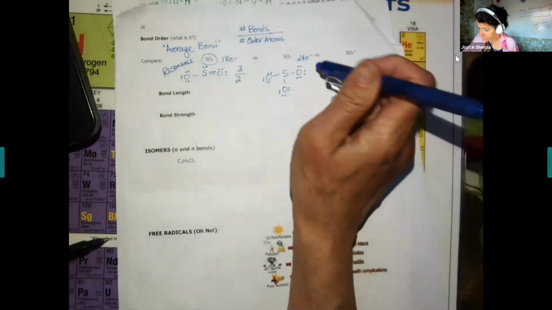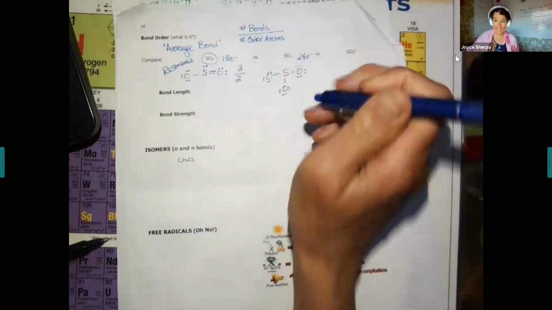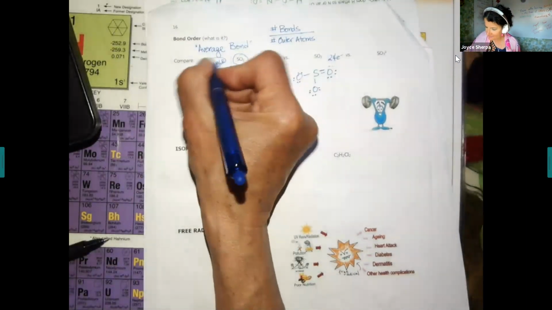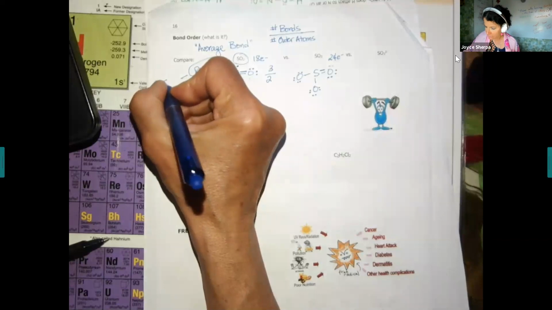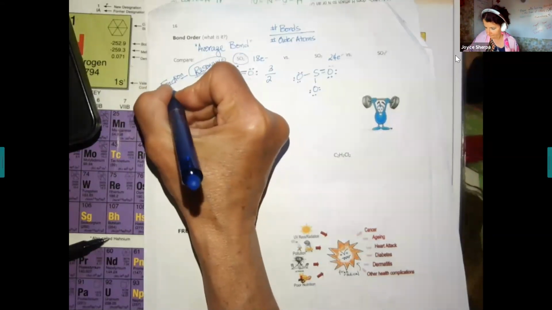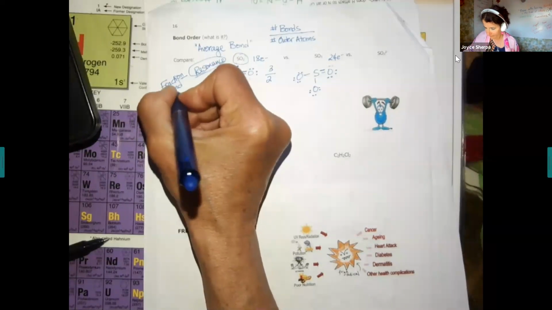So for the bond order questions, you got to be able to do your Lewis structures. So we're going to have to make 1 double bond. Again, we have a resonance. In this theory, it's going to change on Thursday when we look at the other theory. In this theory, a resonance is going to give you a fraction bond order. That's the idea of this theory.